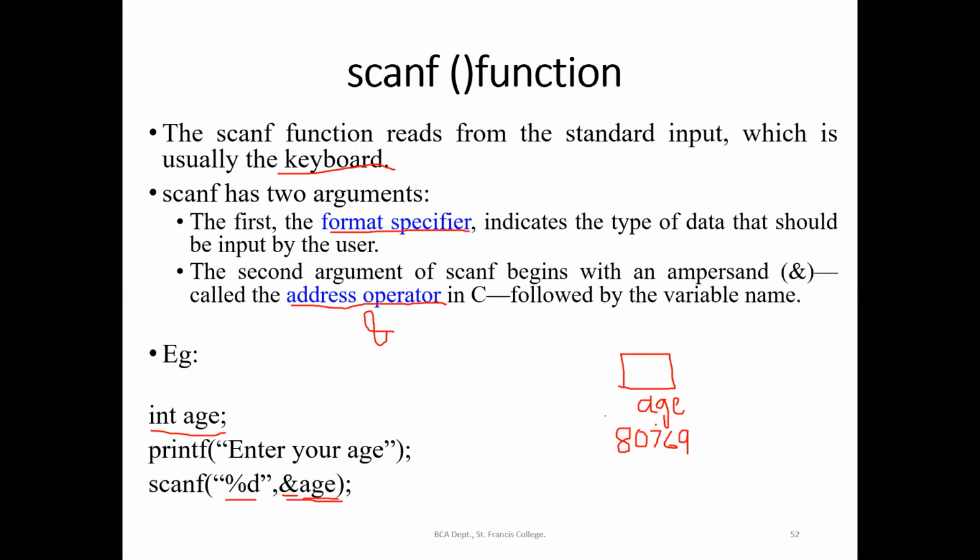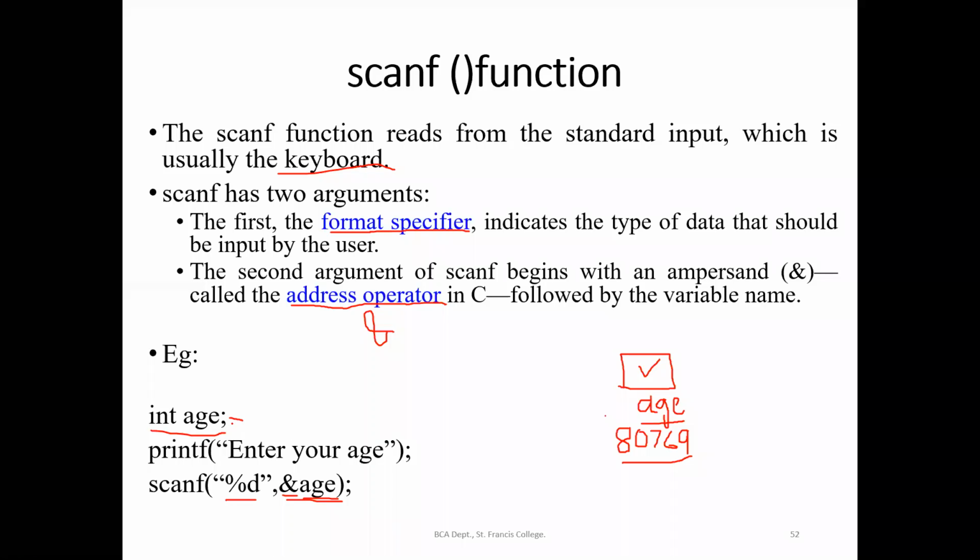There are two things. One will be the name. One will be the value which we can store inside that variable. The other one will be the address of that variable. So what is the variable value which I am going to assign?